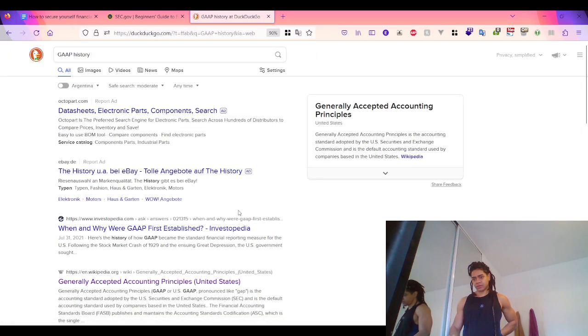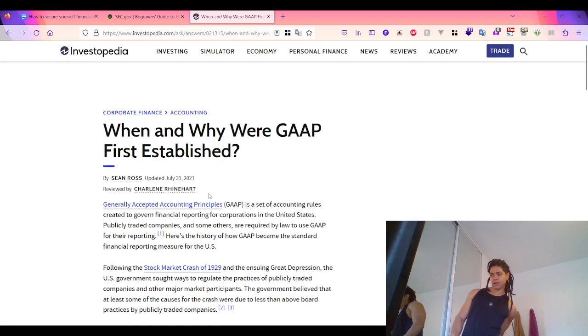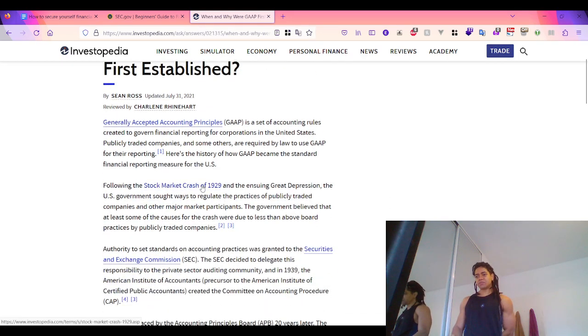If you take a look at this: when and why was GAAP first established? Following the stock market crash in 1929 and the ensuing Great Depression, the U.S. government sought ways to regulate the practices of publicly traded companies and other major market participants.